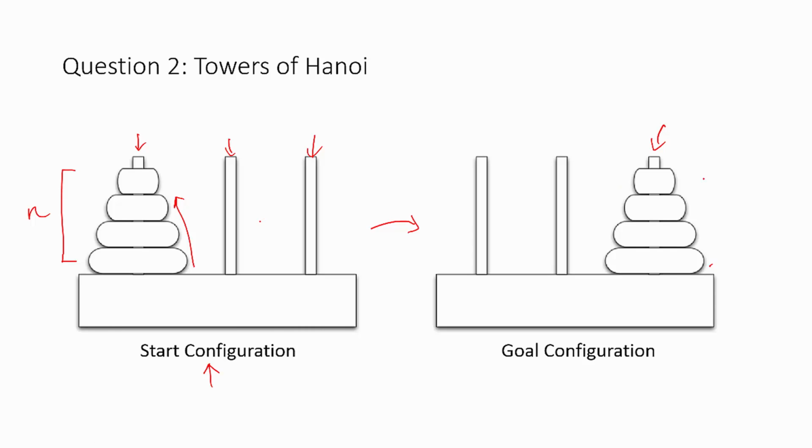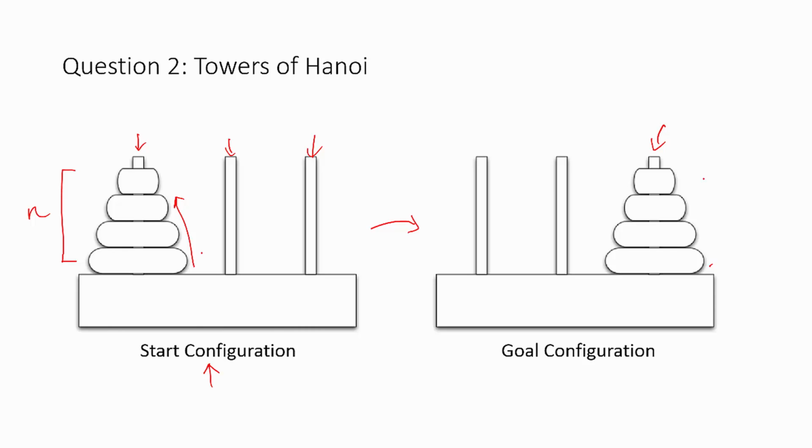For your moves, you can only move one disk at a time, so you can take one of these disks on top and move it to another peg, but there's a constraint that the disk that you move has to be smaller than the disks that are existing on the peg. So you have to keep everything in sorted order from largest to smallest.